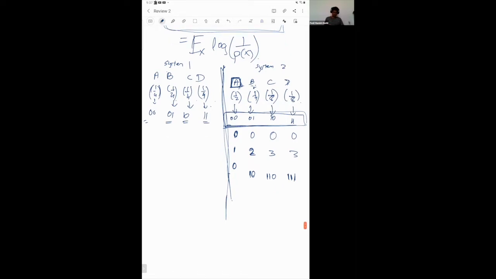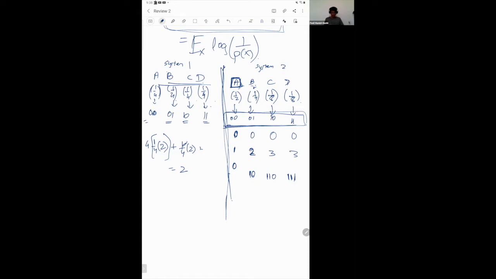Now if you see how many bits I'm using to represent system one, it's 4 times 1 by 4 times 2, and this is just 2.